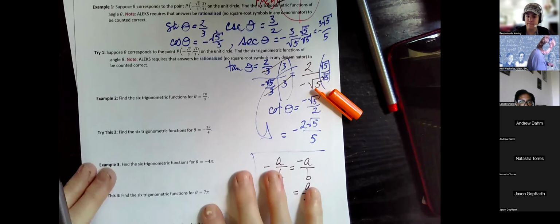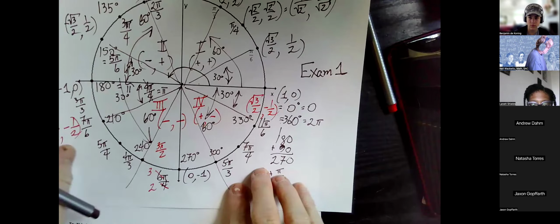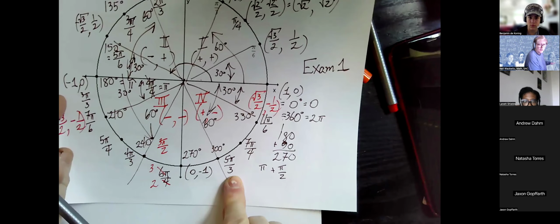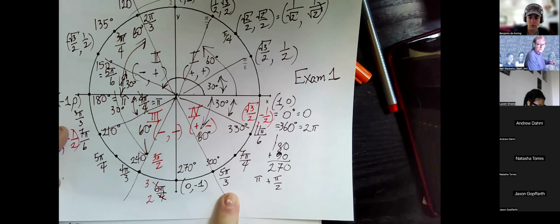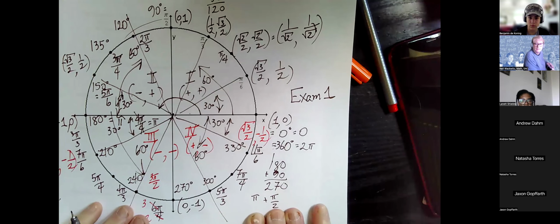Okay. So let's find the 6 trig functions for 7 pi over 3. And where is that? If I recall, we went up to 5 pi over 3 in the unit circle. Where is 7 pi over 3?